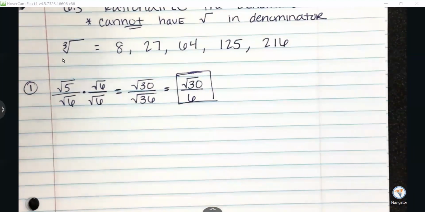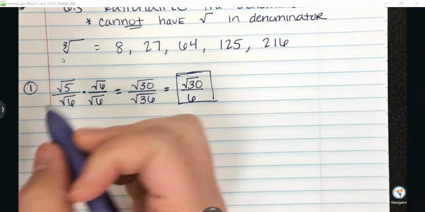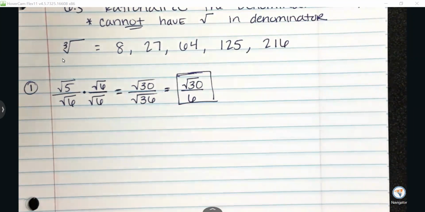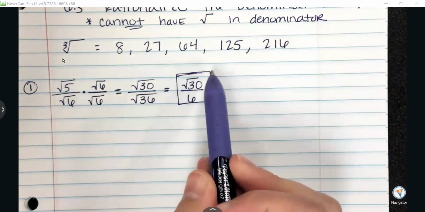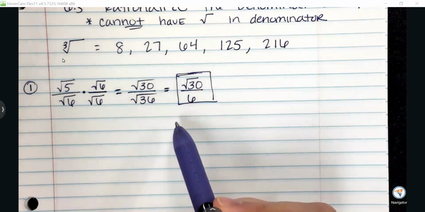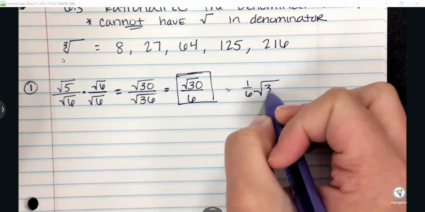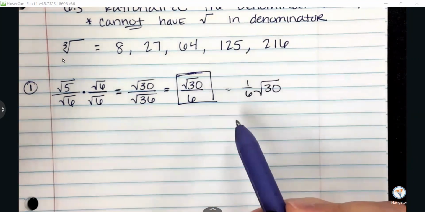Why wouldn't you simplify it, like your 30 divided by 6 to get 5? Because 30 is inside a radical. Is 6 inside my radical? So this really says 1/6 square root of 30. Those are the same thing.